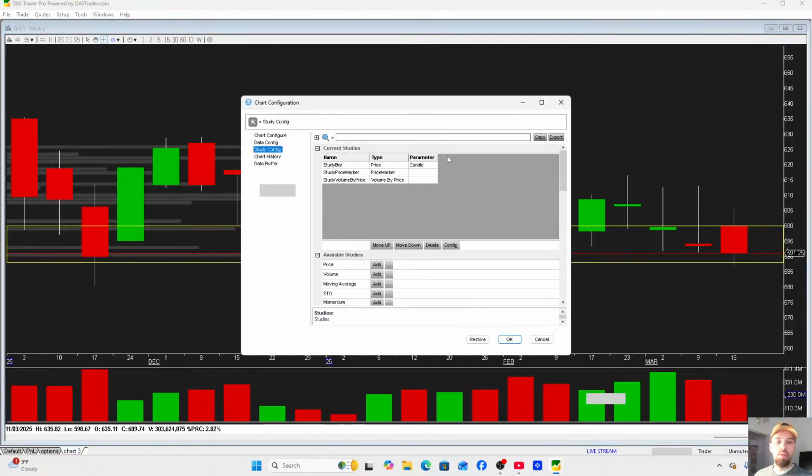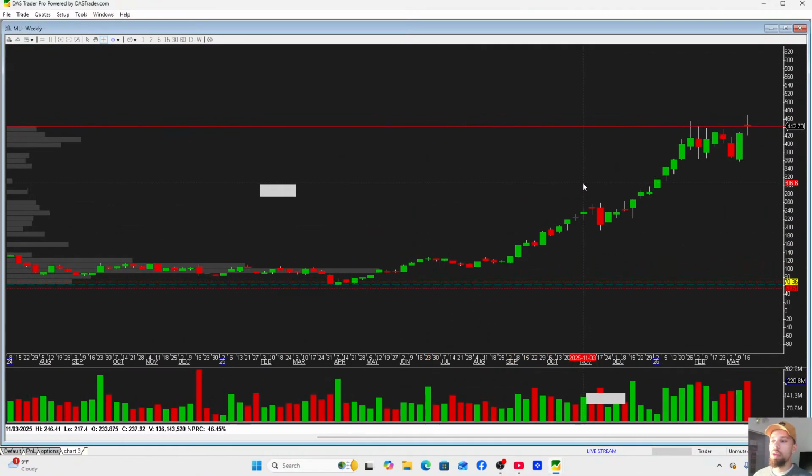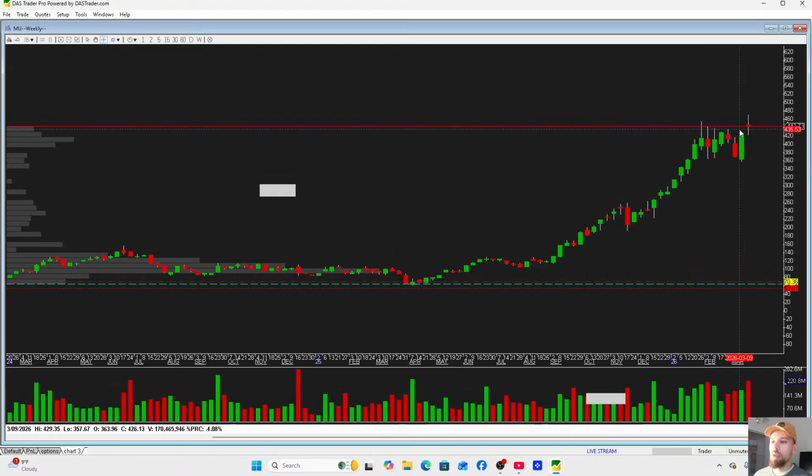Let's go to MU, that one I lost on yesterday. Let's see what MU's doing. So a bit of indecision here. This is the weekly candle. Been in a bull flag here, making a flag, and when the stock finally tests a high here, lots of volume, so buyers and sellers duking it out right there.